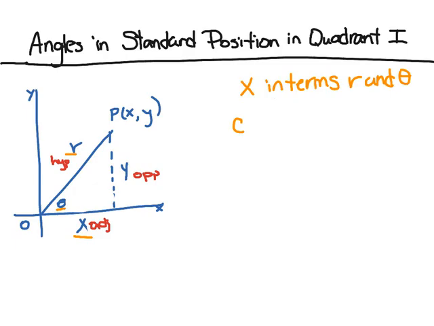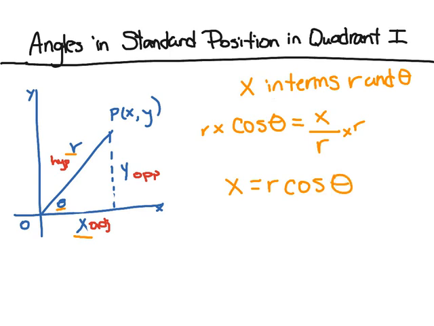So we're going to use cos of theta equals adjacent over hypotenuse. And because we want x by itself, we're going to multiply both sides by r. So x is equal to r cos theta.